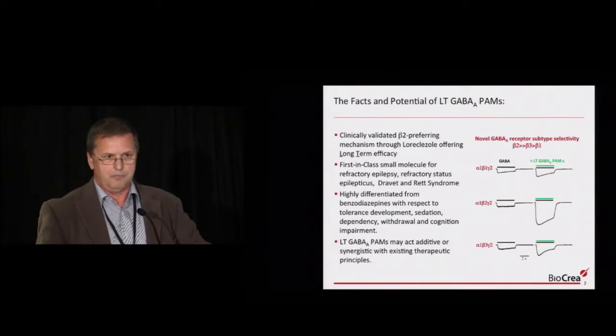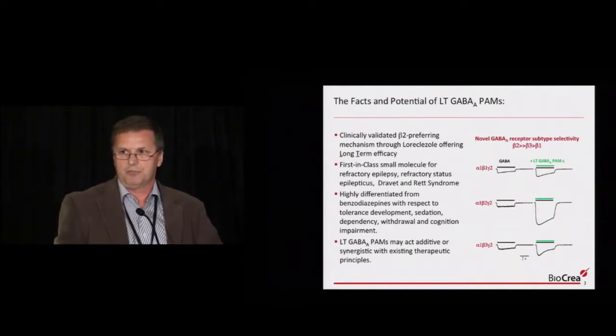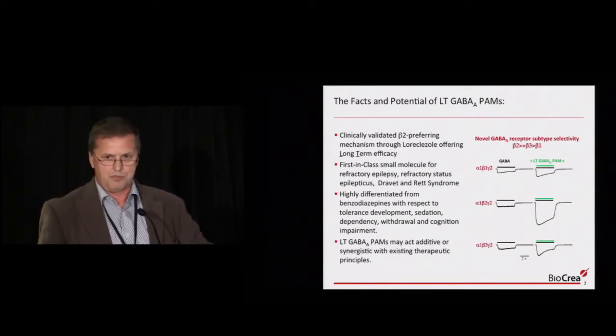There are some animal studies indicating that a beta-1 containing subtype could be related to some of the side effects, especially sedation. We will test if this is true with this type of compounds. It could open up an avenue for better tolerability.